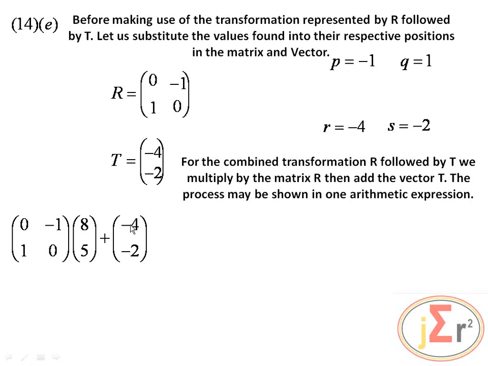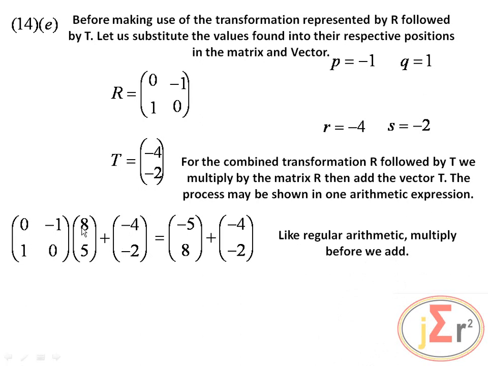And that will be added to the vector of translation. Like regular arithmetic, multiply before we add. So we will multiply 0 times 8, negative 1 times 5. So 0 with the 8 is gone, negative 1 with the 5, we have negative 5. Then we have 1 with the 8 and 0 with 5. So the 0 times 5 will be gone, and we have 1 with 8.